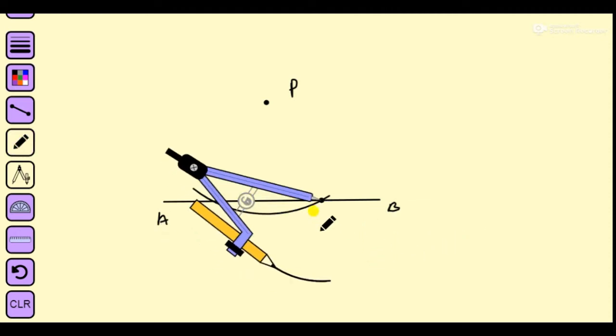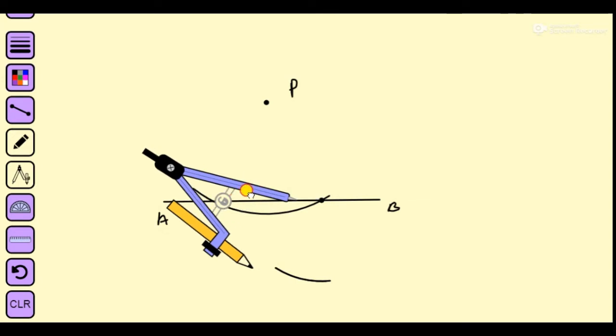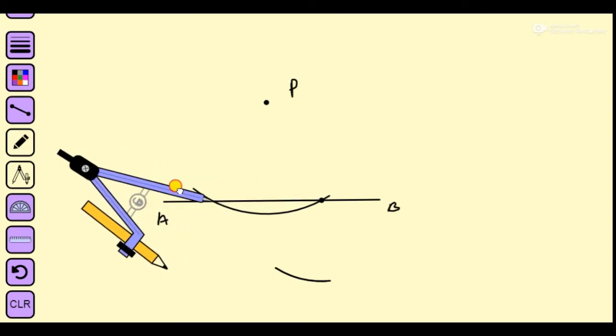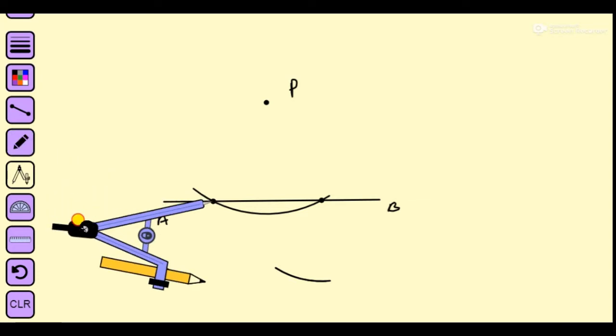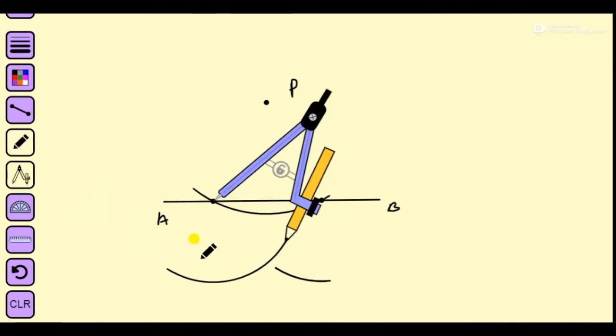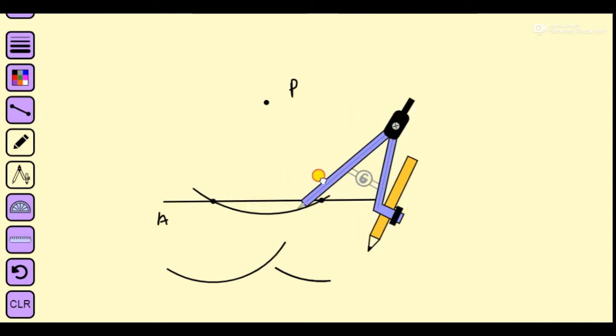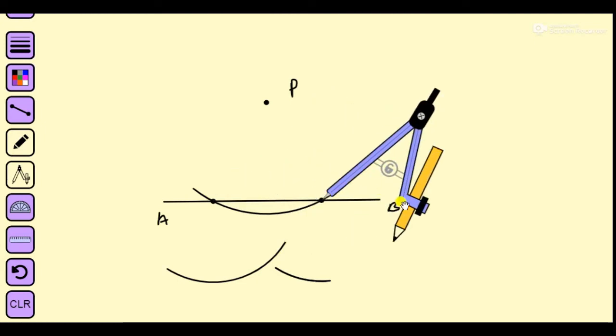Once again, take it at this point and make a second arc like this. It does not intersect. So first the second one, then put it here also, and once again do this.